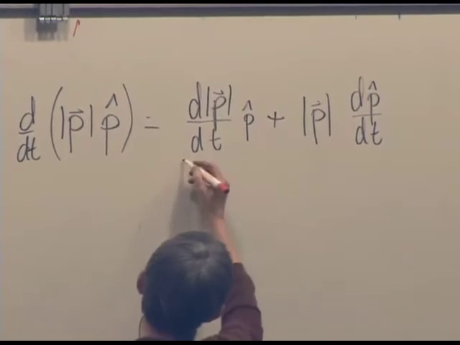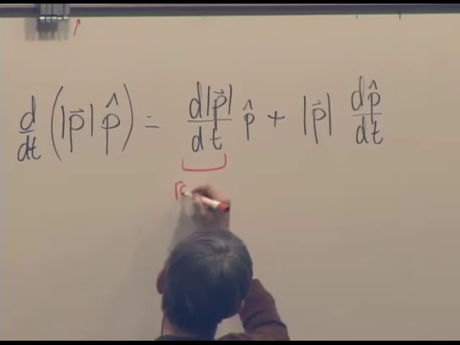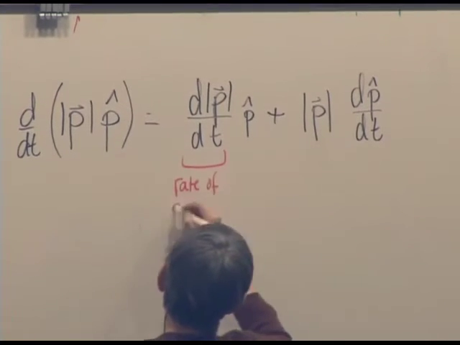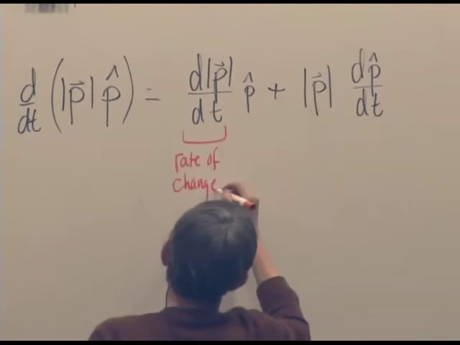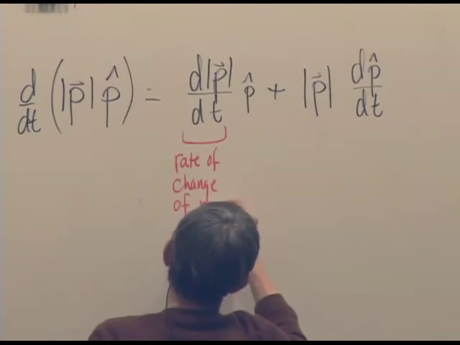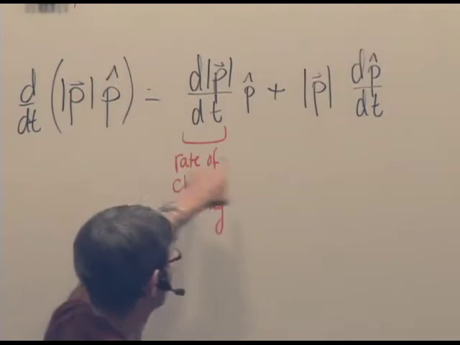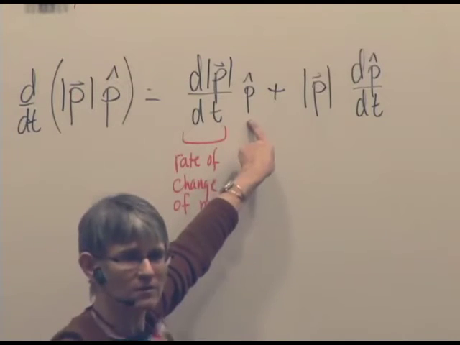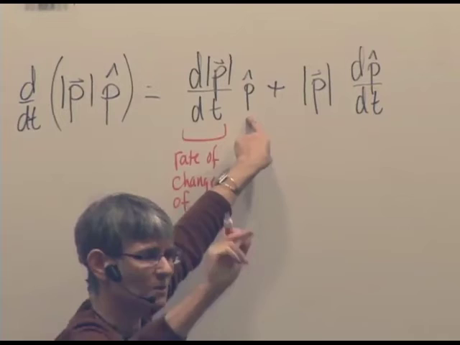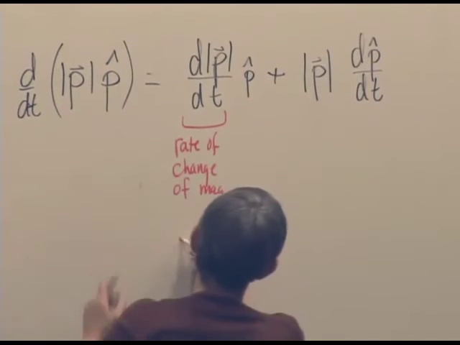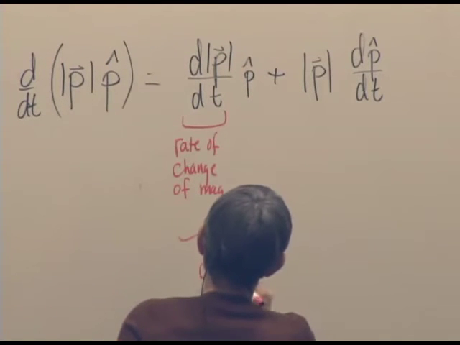But notice this is the rate of change of the magnitude. So this is speeding up or slowing down. And that's in the direction of momentum. So this is this piece that's parallel to the momentum. This is dp dt parallel.